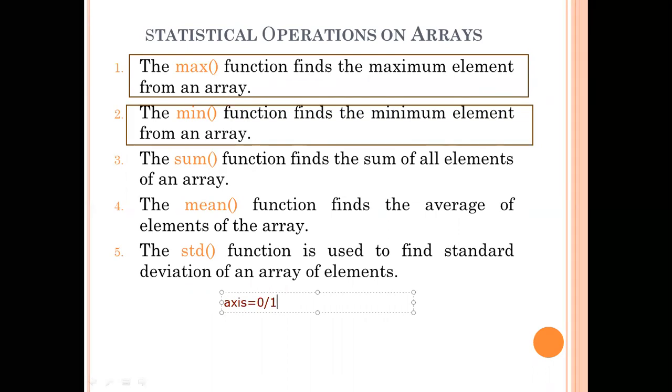If you want the column-wise maximum, minimum and sum, then we have to give axis equal to 0. If you want maximum, minimum and different operations row-wise, then axis equal to 1. If the axis is not given, it is None, then it will find the maximum value or element from the whole array, not row-wise or column-wise. Okay, just check an example program.